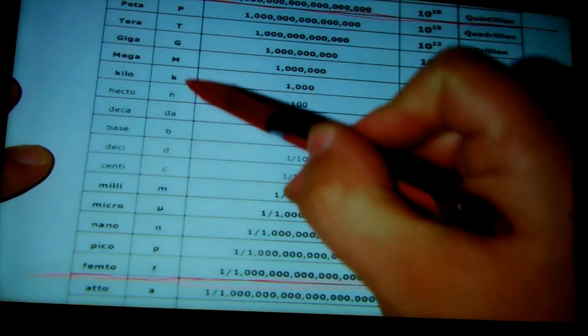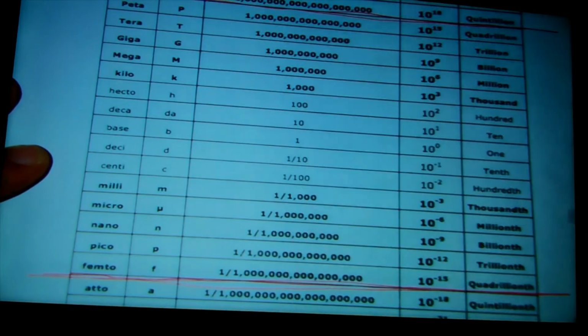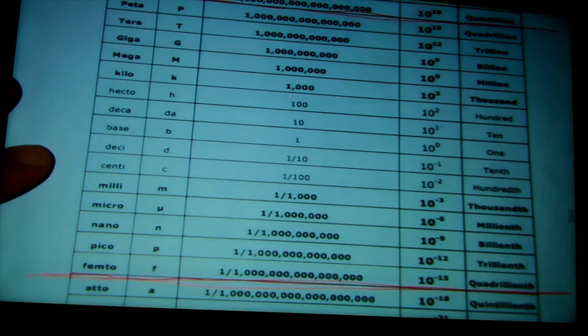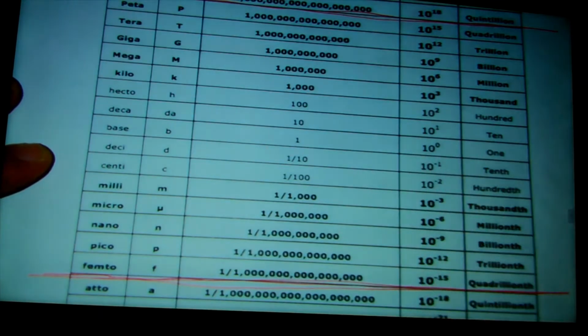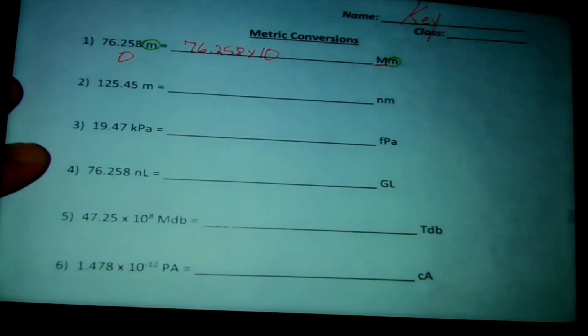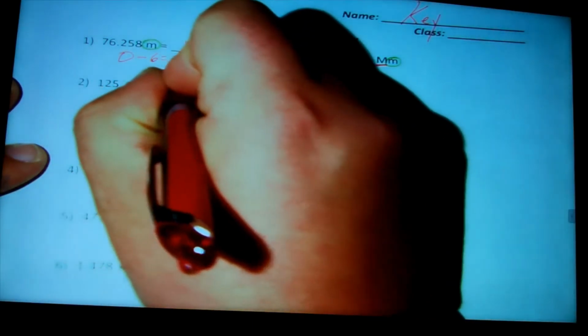Here are the abbreviations, those symbols that we use to symbolize those units. And you can see here, here's the base unit. It's 10 to the 0. So 0 minus mega, which if you look on your sheet, you will see is 6, which equals -6.